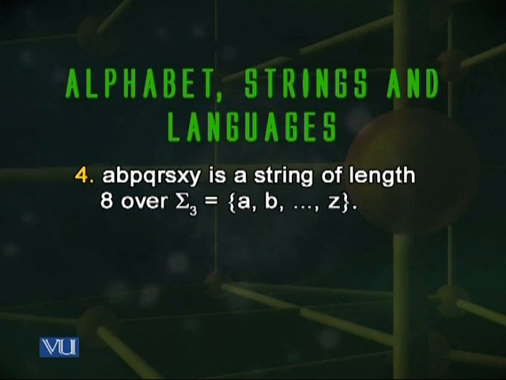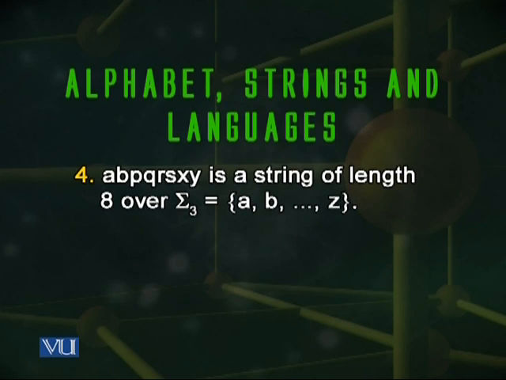Notice that it is not necessary that each symbol in the alphabet must occur in a string. A string can just be one particular symbol repeated several times, or it can be any combination of these symbols.